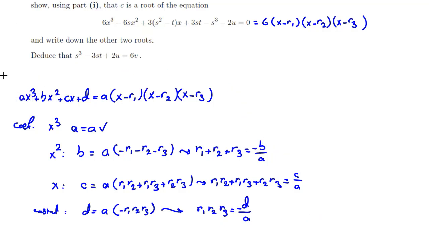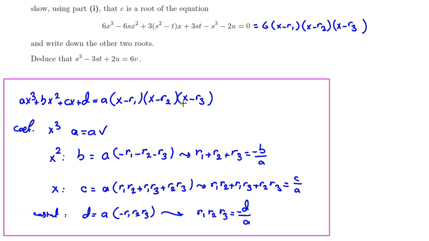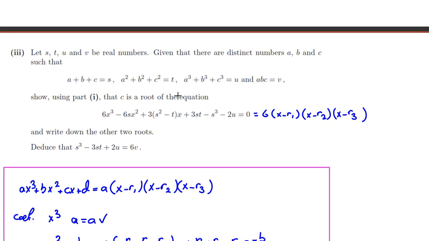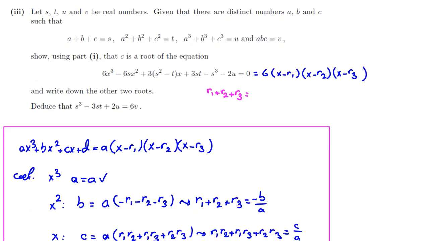Okay, so let's check it. Here, if we have these roots, r1 plus r2 plus r3, by this formula, is negative b over a. So it is negative negative 6s over 6, which is s.